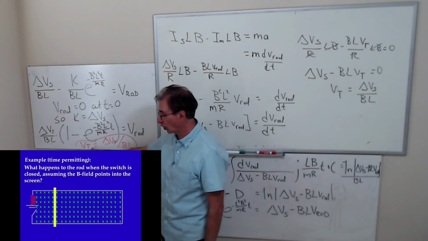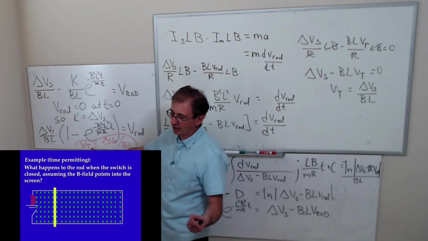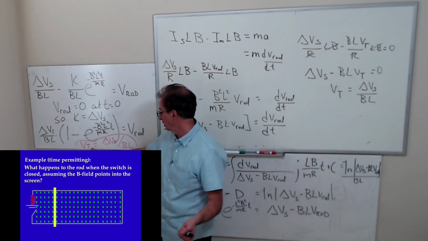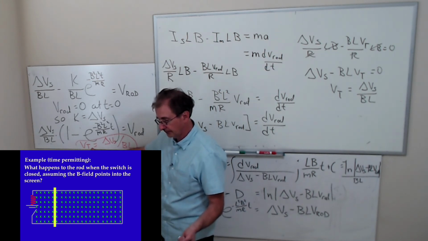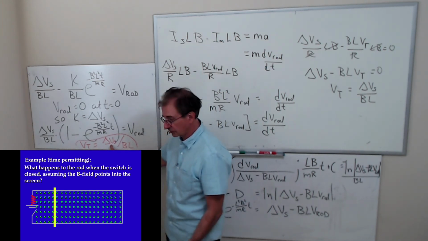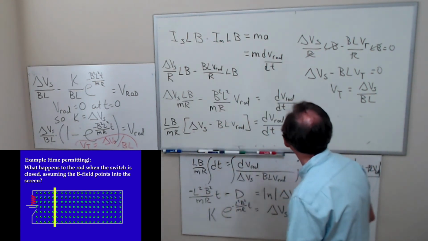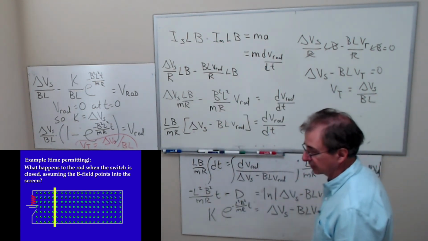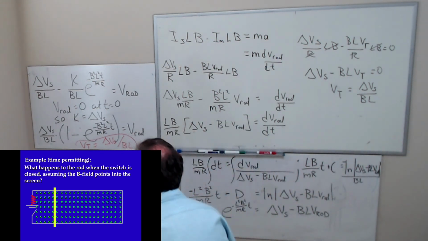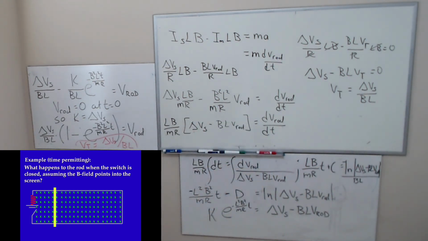We call it the terminal velocity, so I changed the v rod to v sub t. And it's written in terms of the power supply voltage. Yeah, there's a lot of v's, and there's a lot of constants there. I give you one value of it. All the constants, I just focused on the last constant.